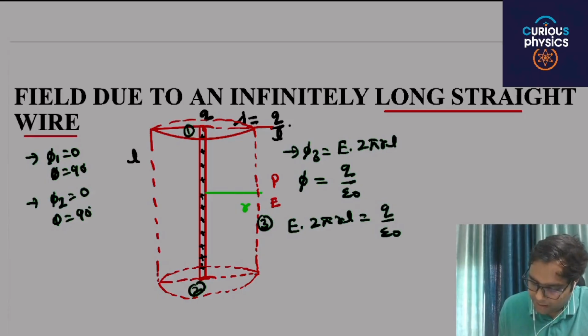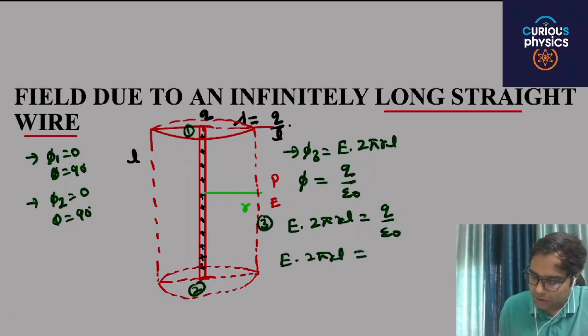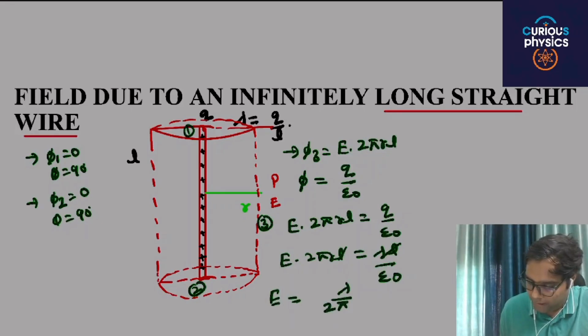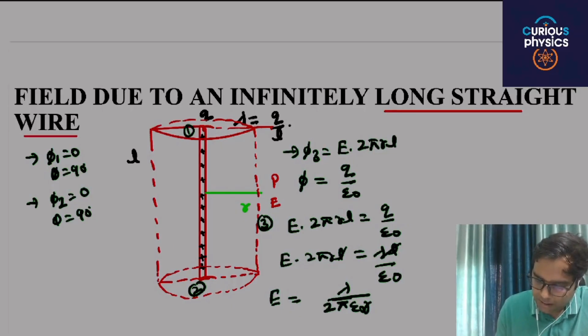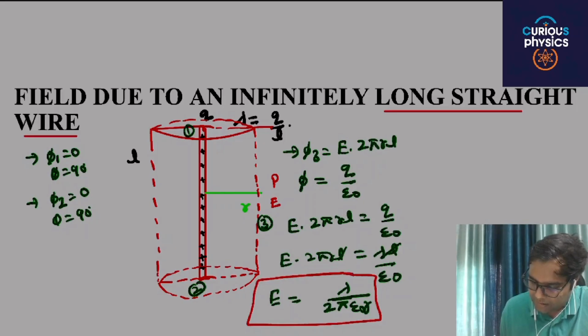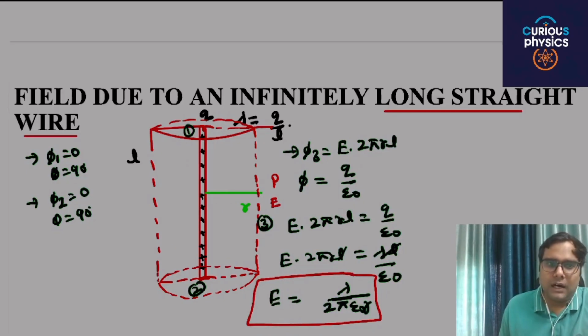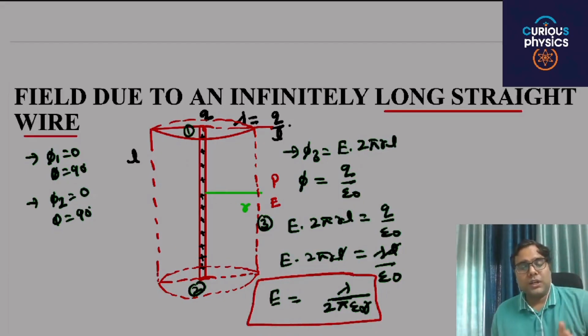Okay, so next, E into 2 pi RL, and you can replace Q with lambda into L, because lambda is charge density, divided by epsilon naught. L and L will cancel each other, and E is lambda by 2 pi epsilon naught R. This is the basic formula of electric field at a distance R from the long straight wire.